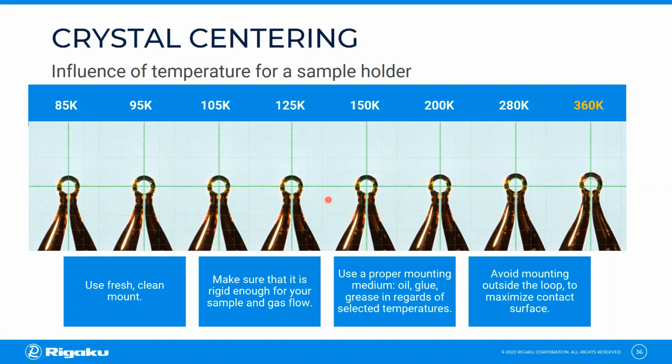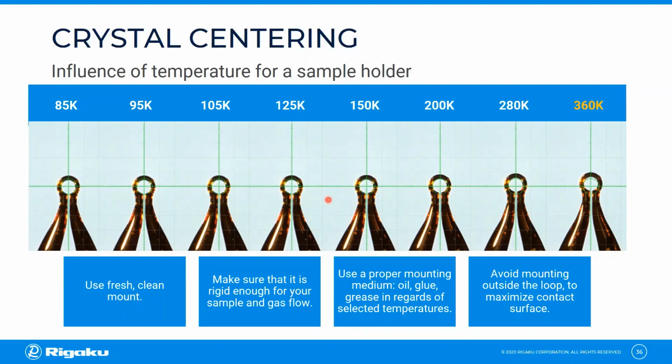You also should make sure that the tip of your mount is rigid enough for your sample. So if you mount a big crystal and use a very small nylon loop, you will see that in some orientations your crystal can be basically wobbling because of the force of the gas stream itself.